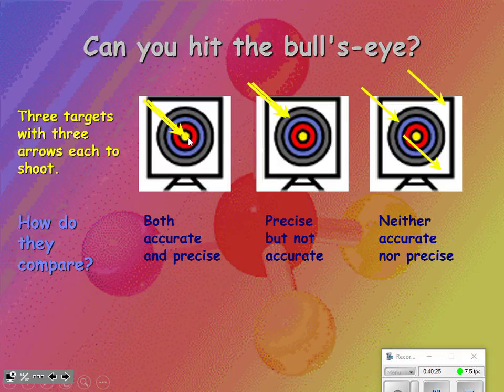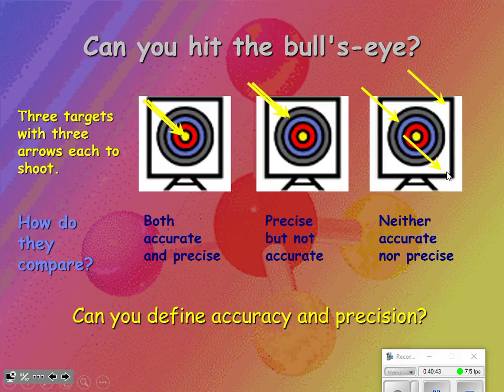Both accurate and precise. This is not accurate. This is not accurate, nor is this. This is precise because they're all grouped. This is not precise because there's no grouping. So, could we now define accuracy and precision? You might want to write that in your notes so you don't get that confused.